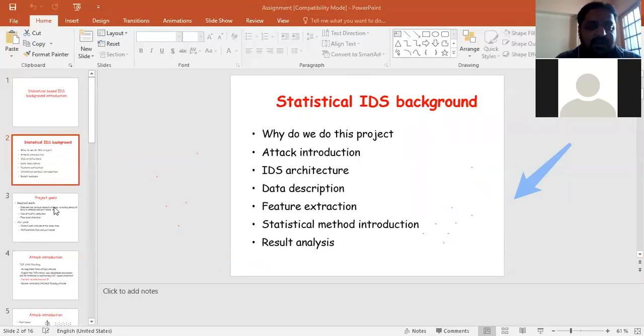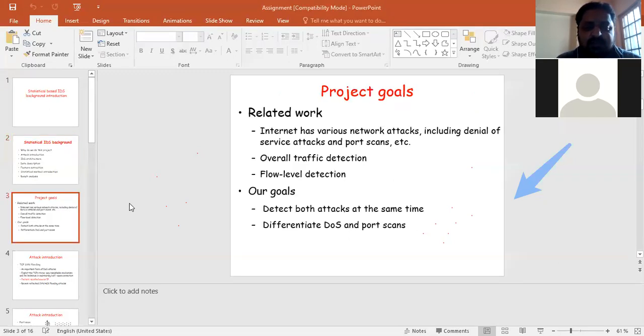Now, for example, we have some related work for this assignment. We can analyze different attacks on the internet, on the network, or on other systems, and they are attacking the system.